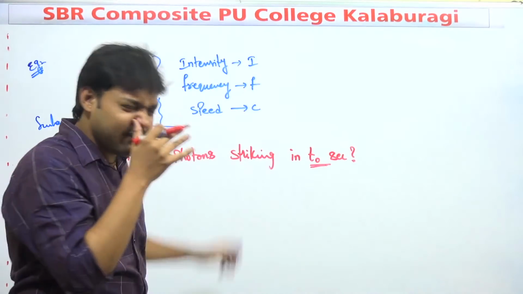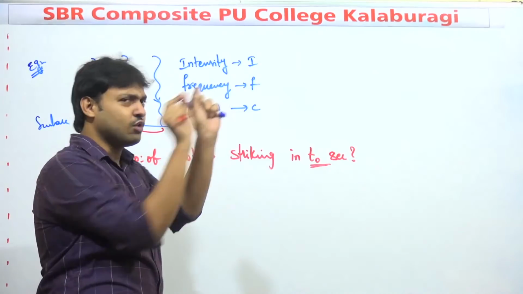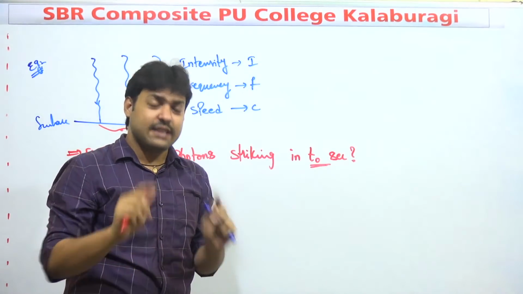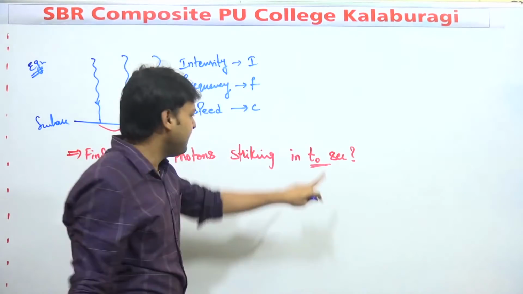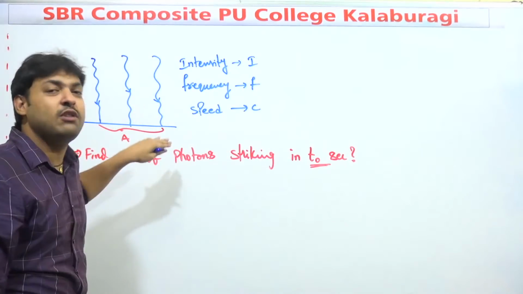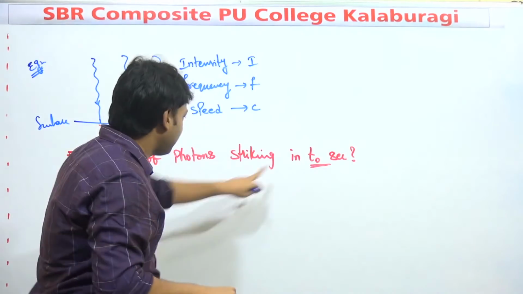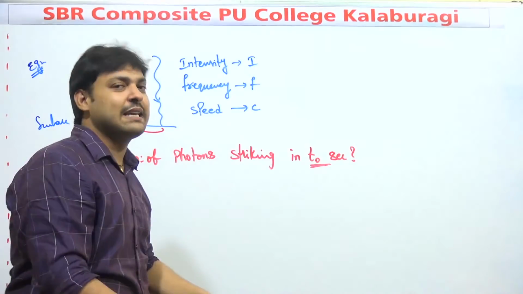Say 1 second. For example, 2 photons came and struck the surface in 1 second. In the next second, the number of photons will increase. It depends on the time. If time increases, the number of photons striking per unit area increases. Clear?